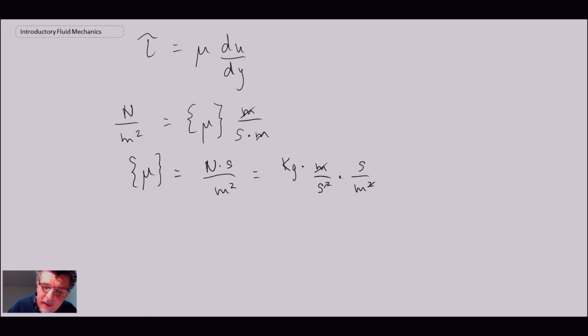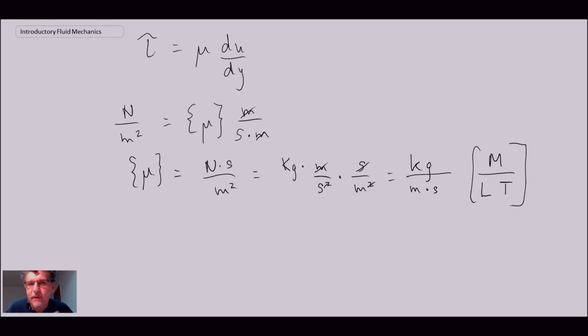That goes, that goes. So what we end up with for the viscosity is kilograms divided by meter second. And so essentially what we have are units of mass divided by length times time. So those would be the units of viscosity.